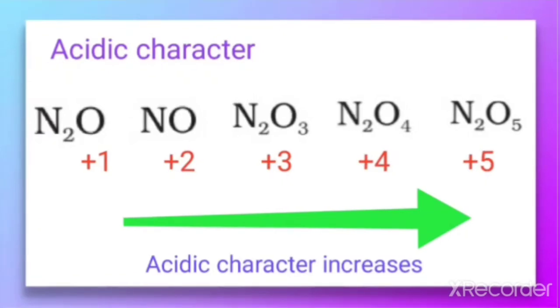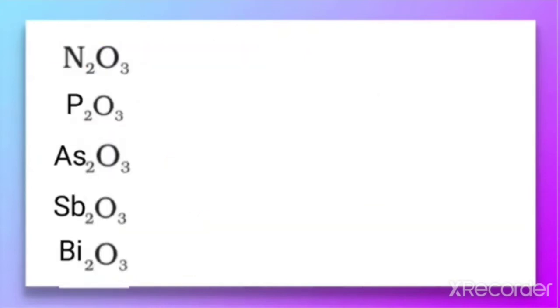So we can say that the oxides in the higher oxidation state of the elements are more acidic than the oxides of the lower oxidation state. But when we compare the acidic character of oxides of group 15 elements, the acidic character decreases down the group.